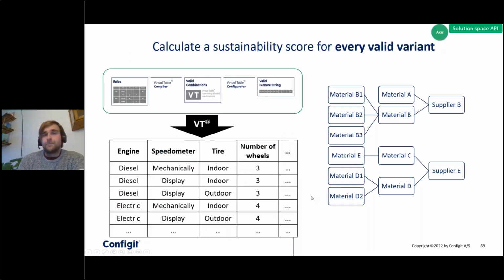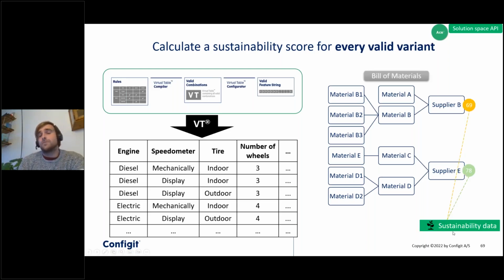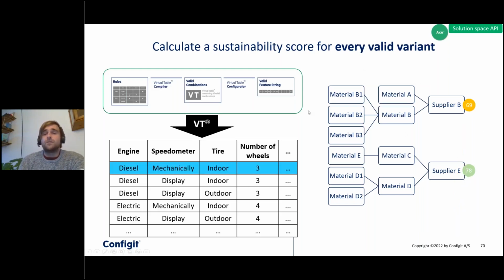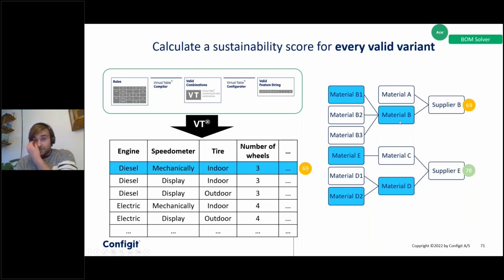Cool. So now we have sustainability scores on our bill of material. And with our solution space API, we could extract all the valid solutions again in a table. For every valid solution, we could calculate within the bill of materials with the mapped sustainability data on every supplier. We could use our BOM solver for this solution, and calculate a sustainability score for this exact bill of material, the 100% BOM.